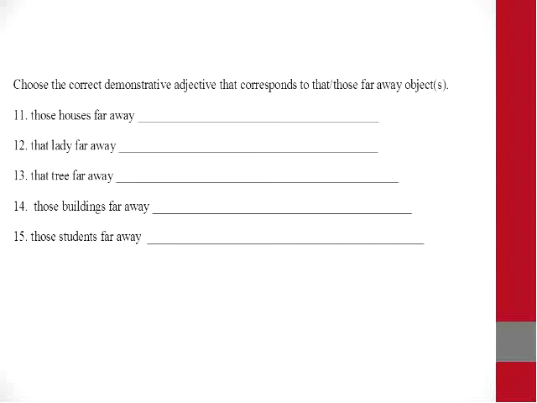Okay. So I'll give you number 11. So houses is casa. There's more than one. So it would be aquellas casas. Would be 11. Okay? Aquellas casas.